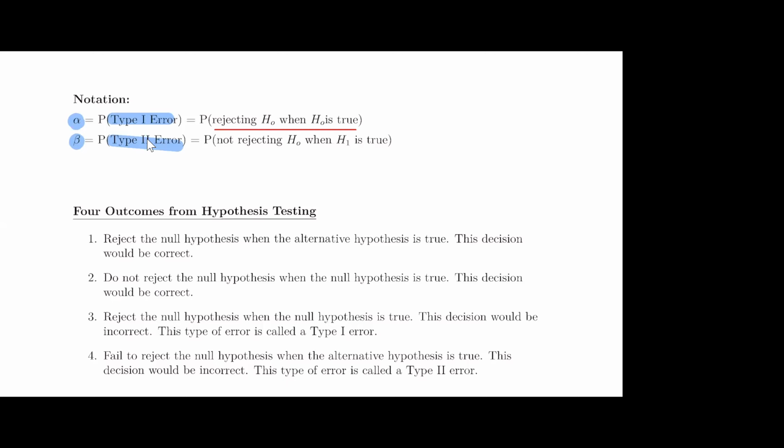That means we conclude the alternative hypothesis is correct when the null hypothesis was actually correct. Going back to the example I gave you about the sky is blue, a type 1 error would be me saying the sky is, say, red, but in actuality, the sky is blue. We conclude the researcher claim, but the default or null hypothesis was always true.